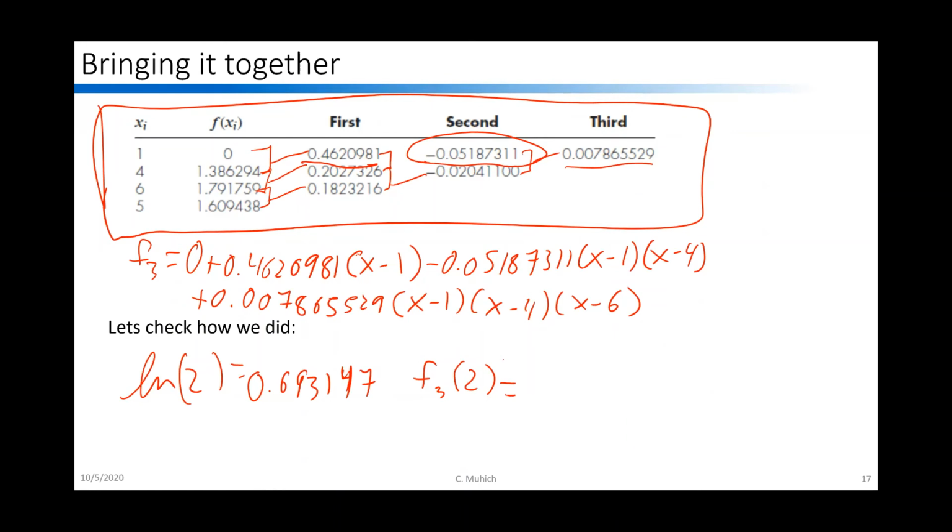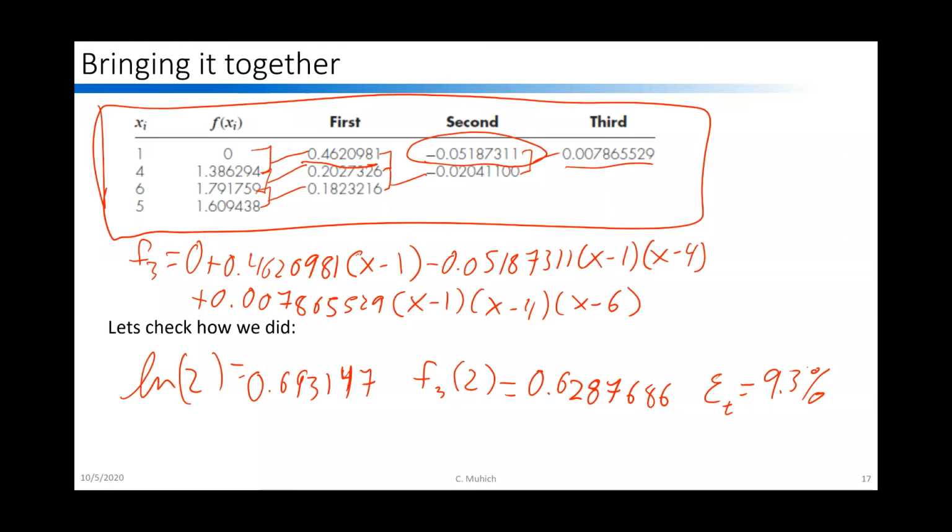I'm not going to write out all of the math, but if I plugged 2 into these x's up here, we would get 0.628766, which gives me a true error of 9.3%. So not so bad of an error.